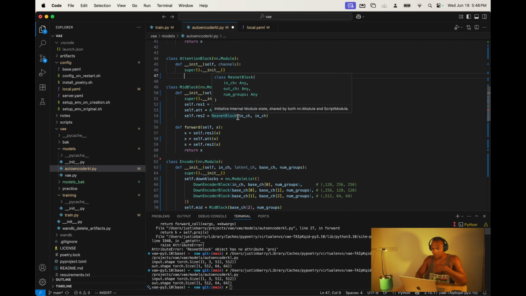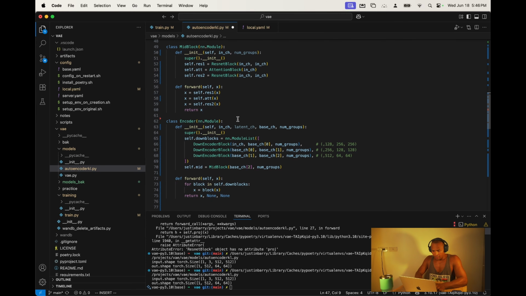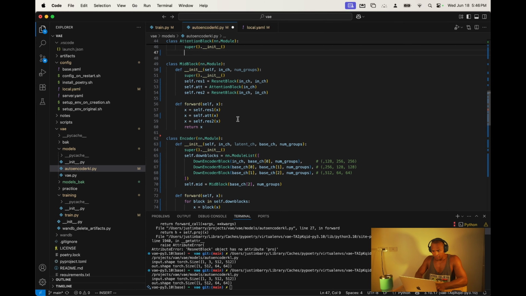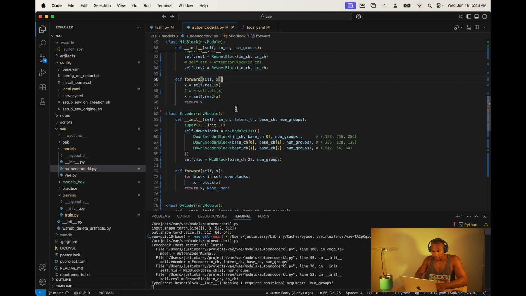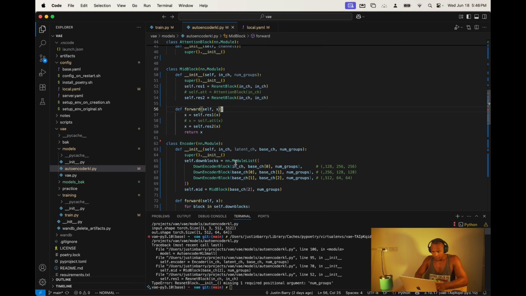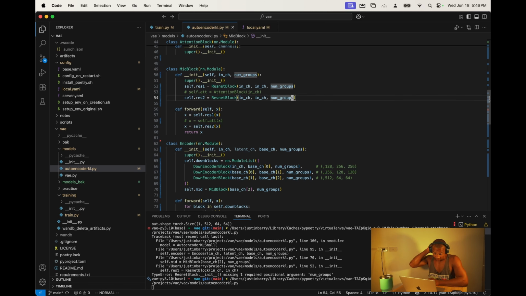So let's see if it runs without the attention block actually. Yep. Groups. Groups. Yeah, looks like it's going to run.